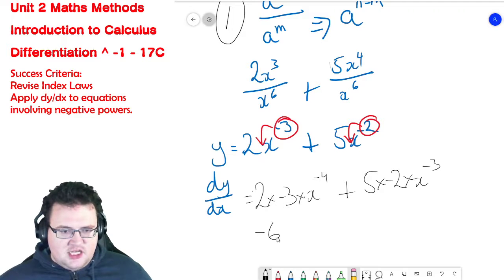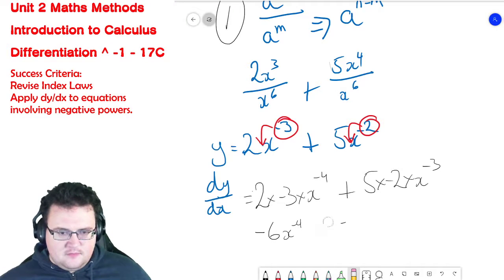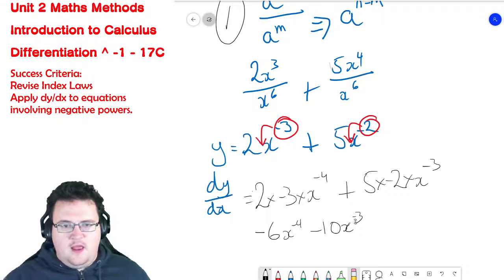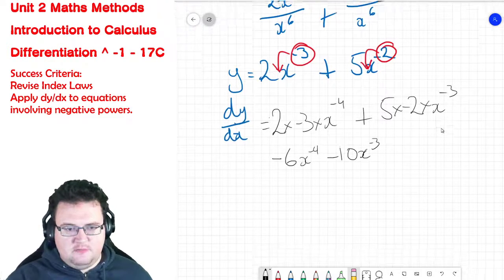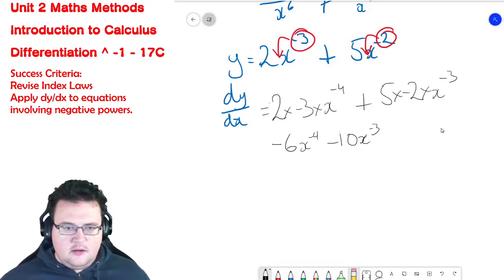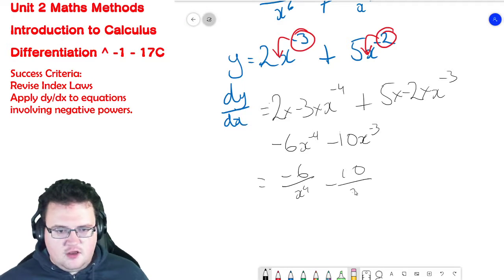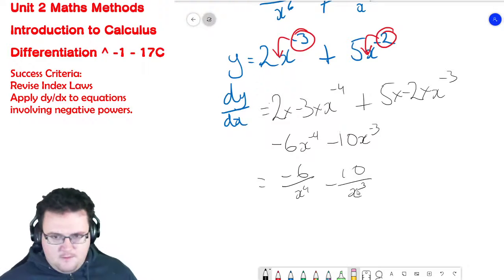So that's going to be minus 6x to the negative 4 plus minus 10x to the negative 3. And then we can express that using positive indices by having negative 6 over x to the 4 minus 10 over x to the 3.